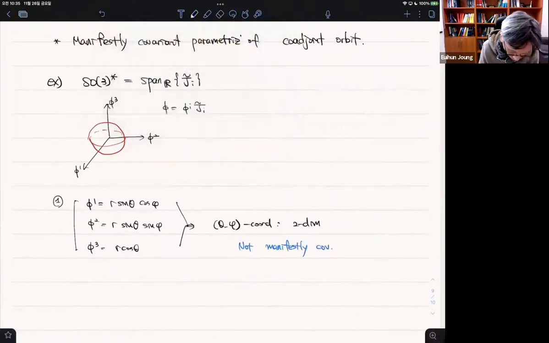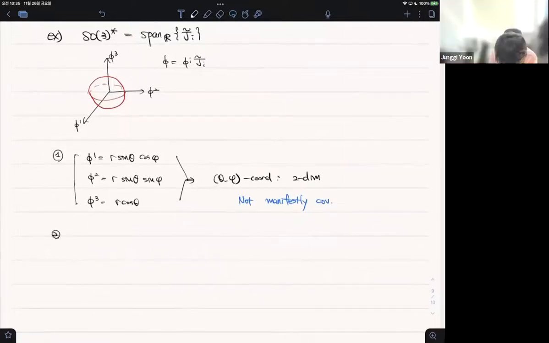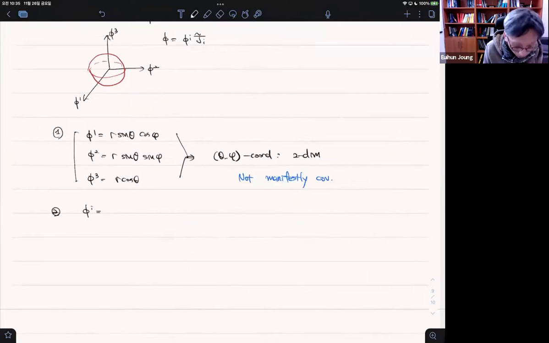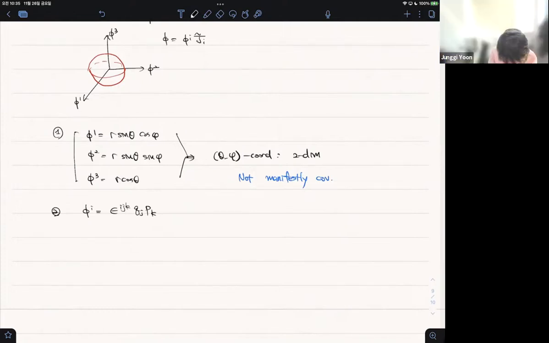The second choice would be the following. I would like to take phi I in the following way: I, j, k, and q, j, p, k. This is not very unfamiliar, right? You should be familiar with this kind of description.